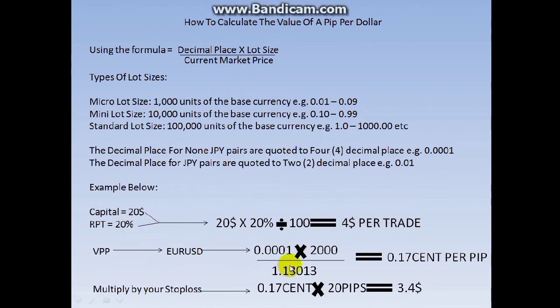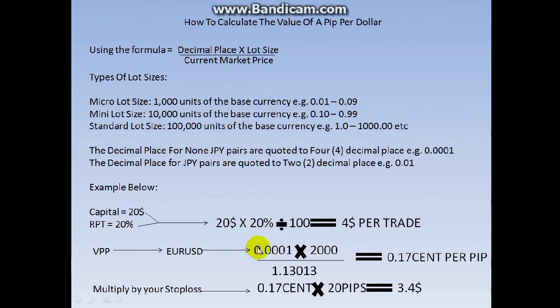So now the value per pip, how do you know the value of each pip? Remember we said decimal place. This is a non-Japanese pair, right? And it's quoted to 4 decimal places, which is what we have here. So you replace the decimal place right here.